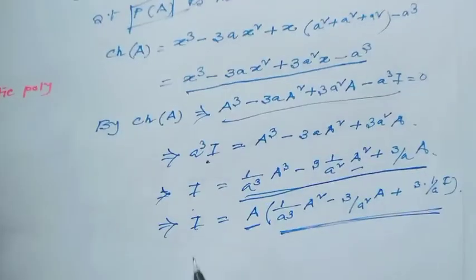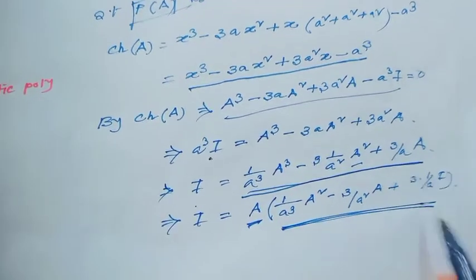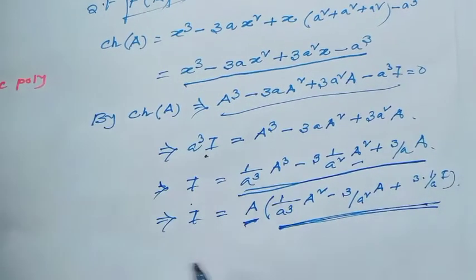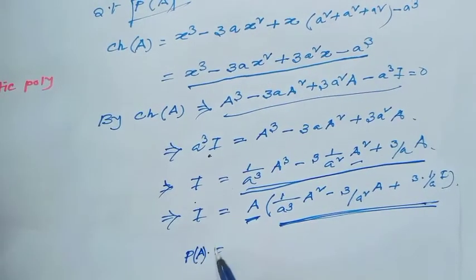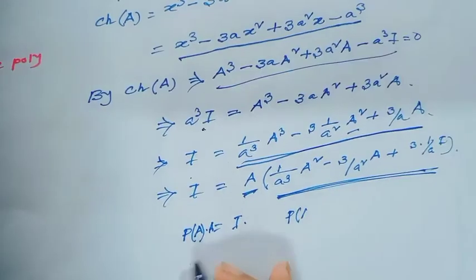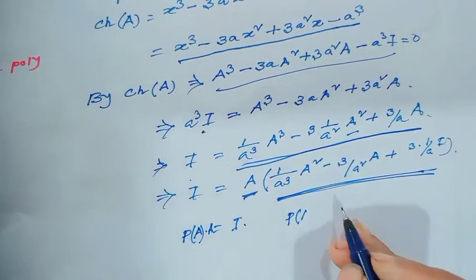And notice here identity equals A times this. Inverse means obviously P(A) times A would be identity. We can tell P(A) is the inverse of the matrix A.